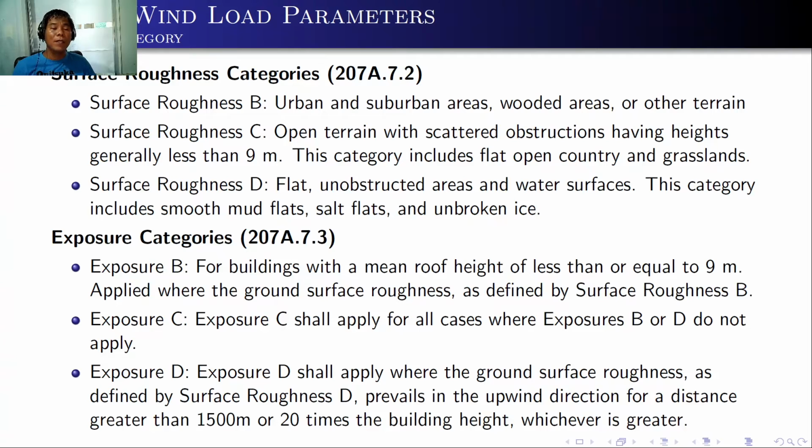It can be B, C, or D. And then you can determine the exposure categories: exposure B, exposure C, and exposure D. For open terrain or flat country, it is surface roughness C, which corresponds to exposure C. Take note, exposure C shall apply for all cases where exposures B or D do not apply.